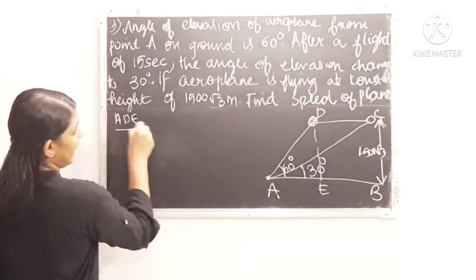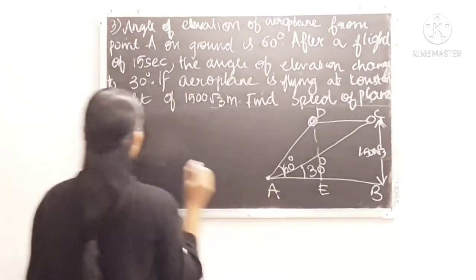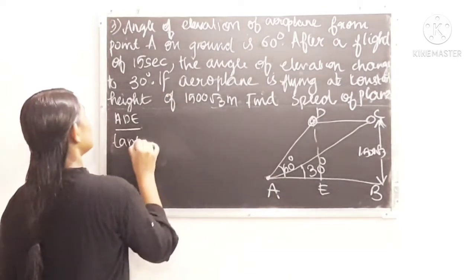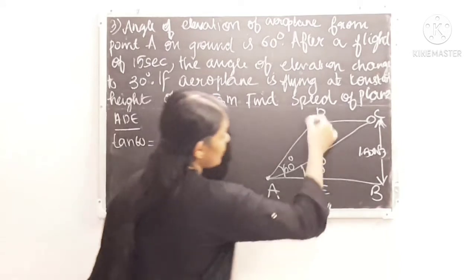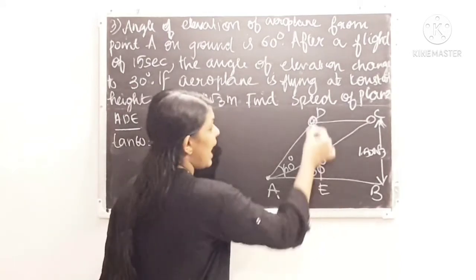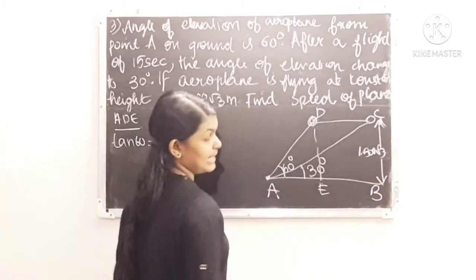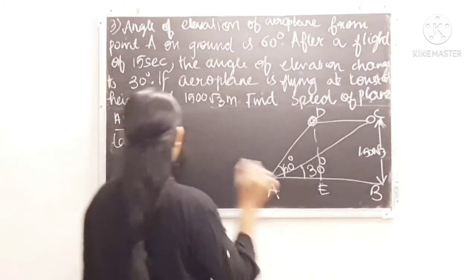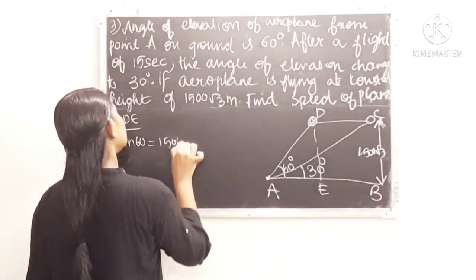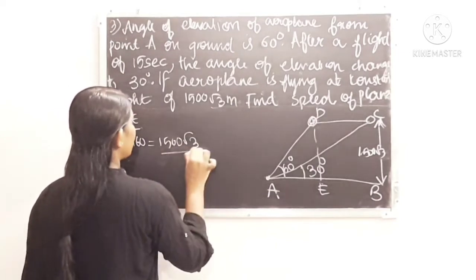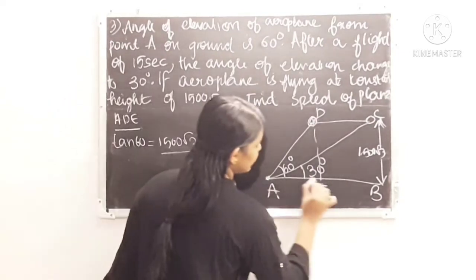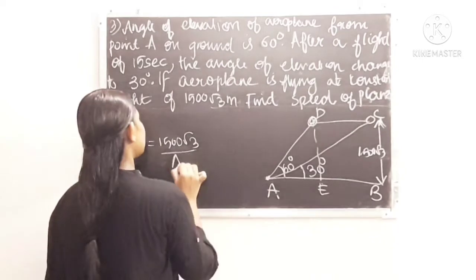we can write tan 60 equals opposite by adjacent. Your opposite will be equal to DE, and our DE value will be equal to CB, which is given in the question as 1500 root 3. Therefore, 1500 root 3, the opposite side, divided by the adjacent side, which here is AE.